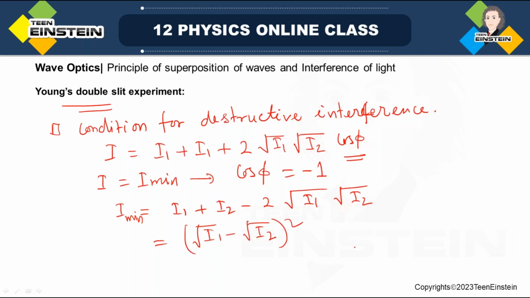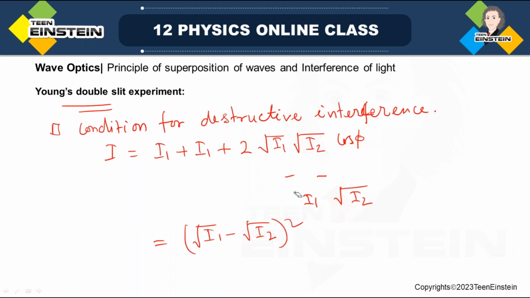All right, so what will be the condition here? At what condition will this happen? As I said, cos phi has to be -1. Cos phi will be -1 when phi is an odd multiple of pi.